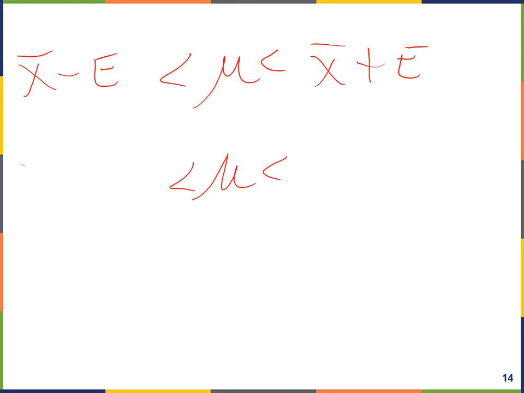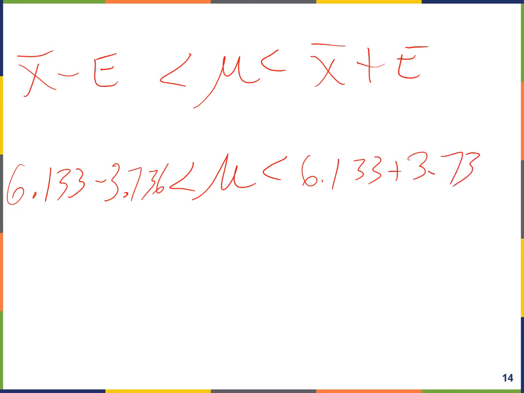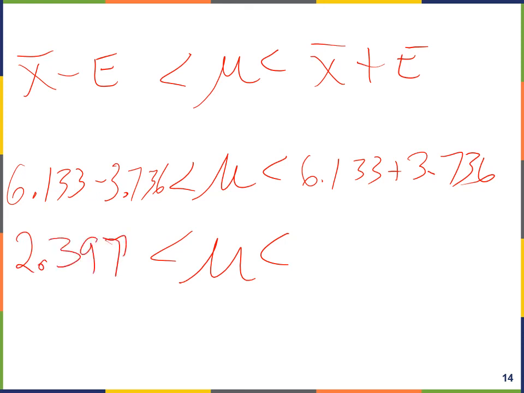Well, our sample mean was 6.133 minus our error, which was 3.736, and then we do 6.133 plus 3.736. And so then our interval for the mean of our population is between 2.397 on the lower end, and on the upper end, 9.869.